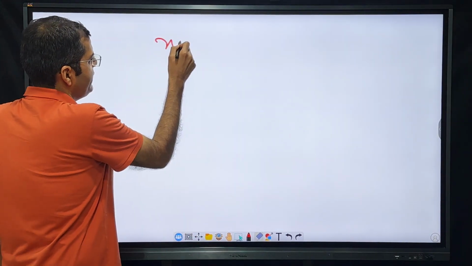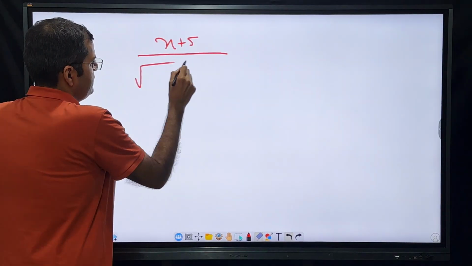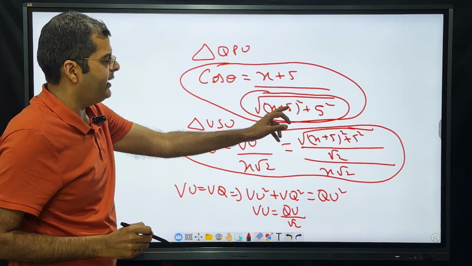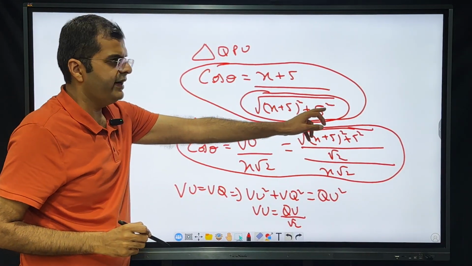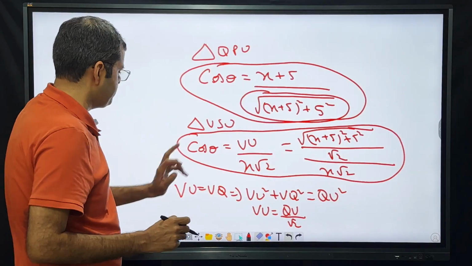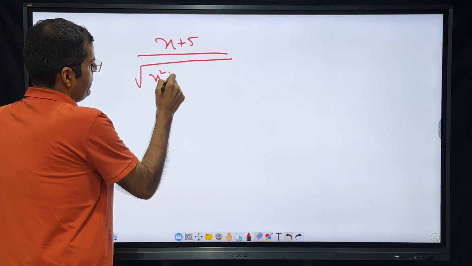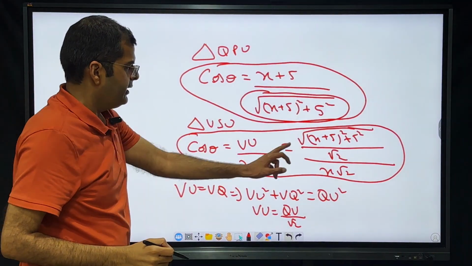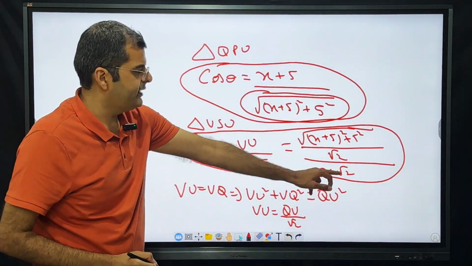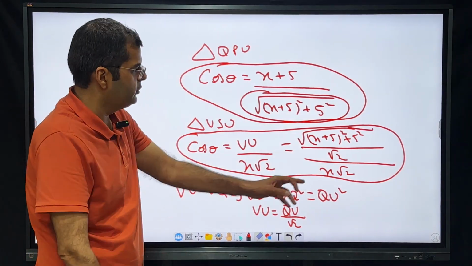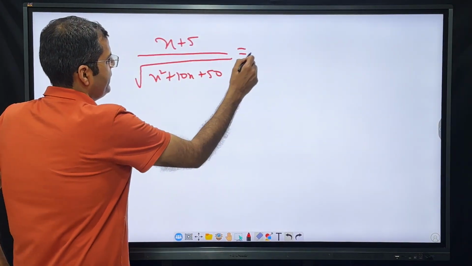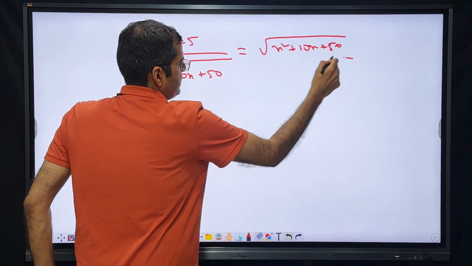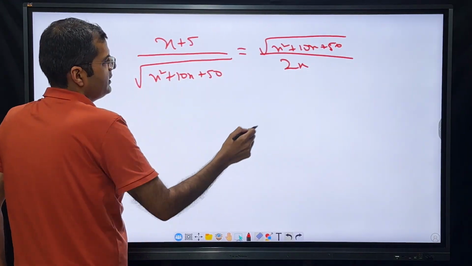So equating them, what do I get? x plus 5 divided by the root of x square plus 10x plus 50, that is equal to, here this root 2 goes down and it becomes 2x in the bottom, since root 2 into root 2 is 2. And at the top, it will be the same root, x square plus 10x plus 50, divided by 2x.